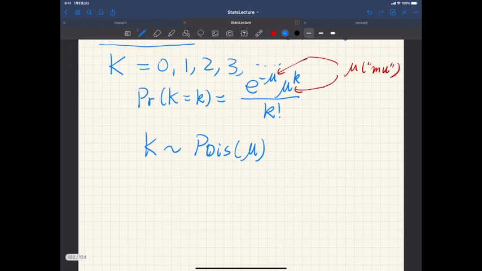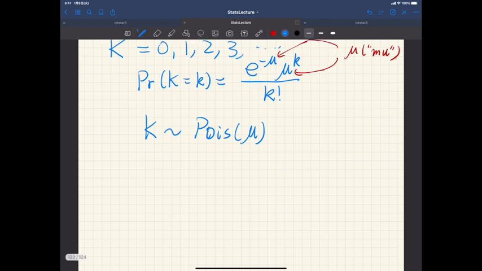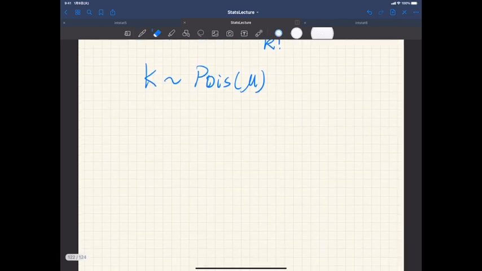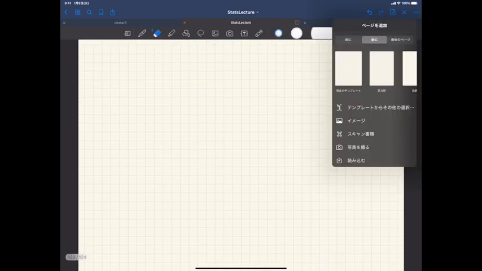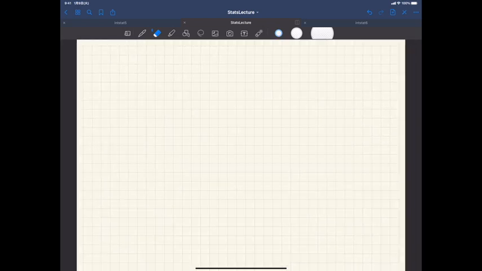Now, Poisson distribution is often used for modeling the number of occurrences of some rare phenomena. And in fact, this distribution can be derived from the binomial distribution in some limit. Let's forget about Poisson distribution for the moment and consider a binomial distribution.